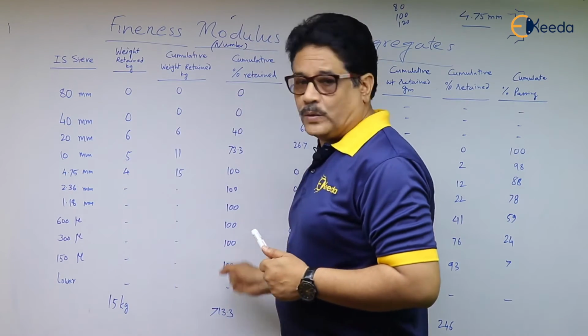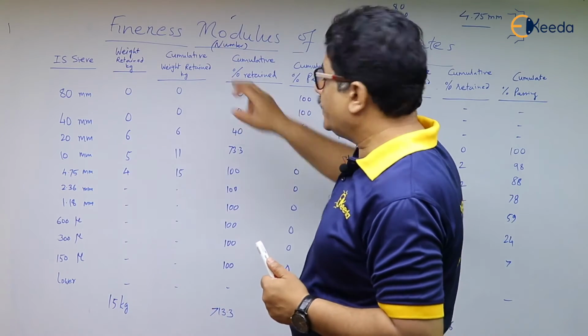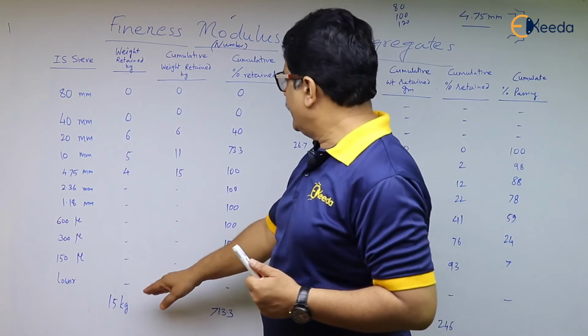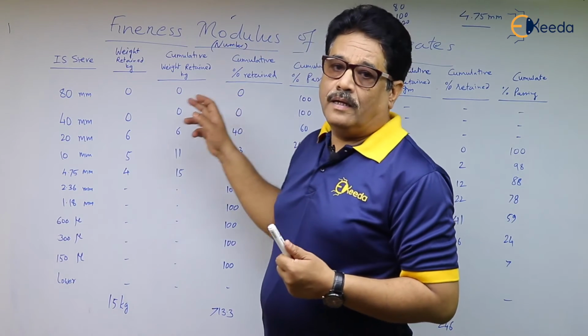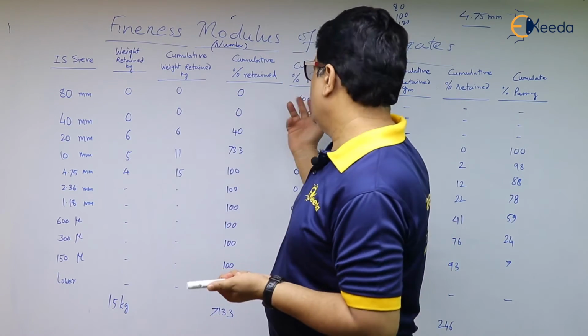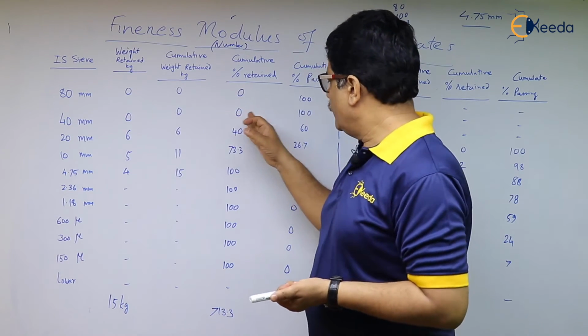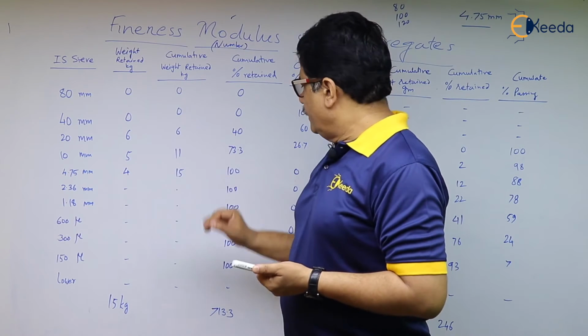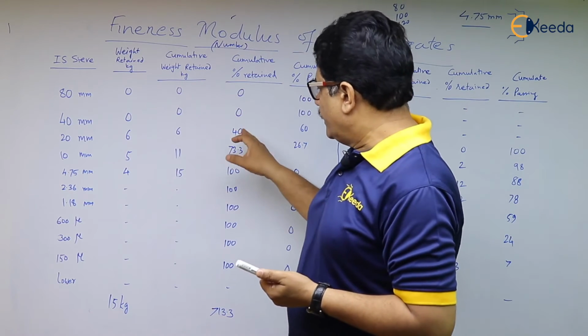Now the fourth column shows the cumulative percentage retained. So if in 15 kg 0 is retained, in 100 kg it will be 0. Like that, 0, then again 0, then 40. Here 40 is the retained percentage.